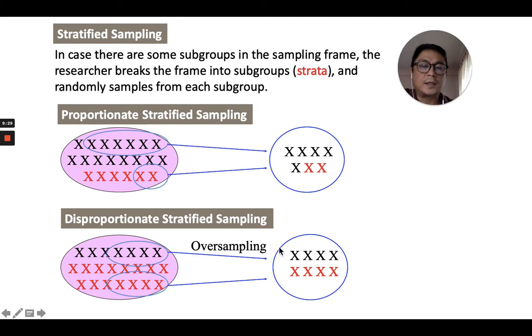So in this case, we oversample the males. Okay, we oversample the males so that we get enough of them, so that we're confident that the findings from the male members of our sample will be representative of the male members of the population.